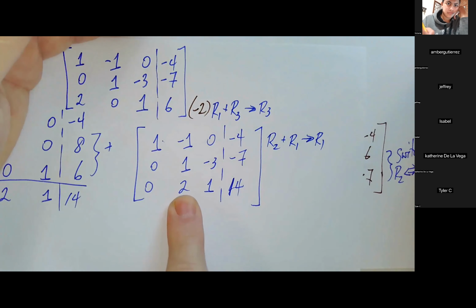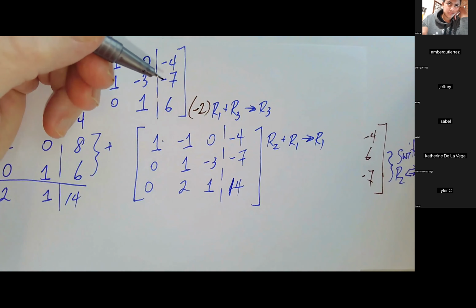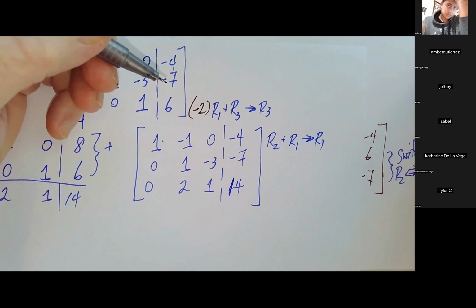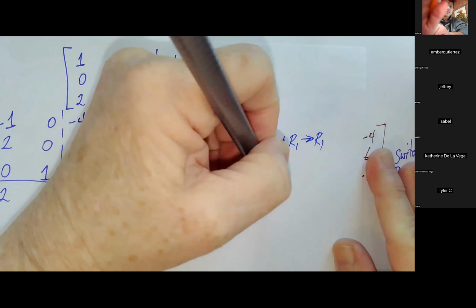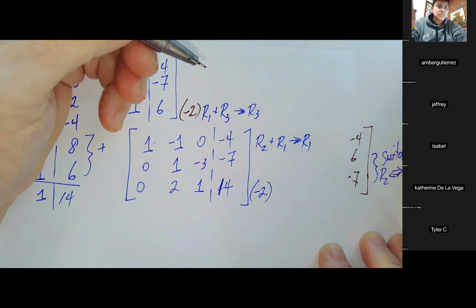And what about where we currently have a 2? How can we get a 0 there? You're going to add -2. Good. And what row are we going to use? Row 2. Good.